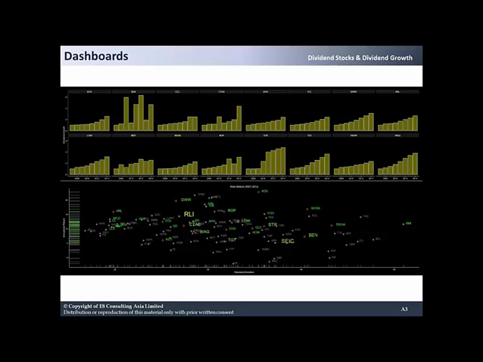This is a quick example for dividend stocks and their dividend growth. Those stocks that have been colored, compared to the color gray, have had a dividend growth that was beyond 200% over a selected time frame. And the bigger the size of the text, the bigger the dividend growth was. So there are many variations that we can take.